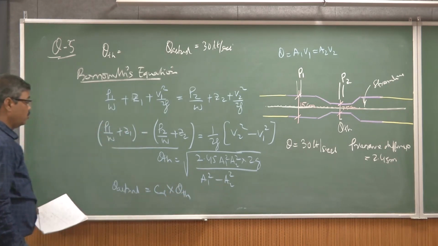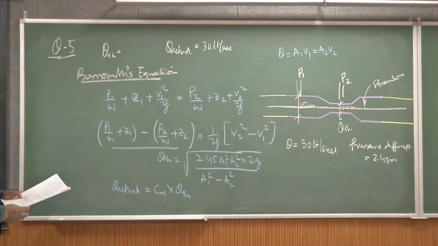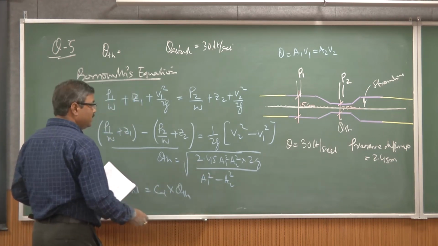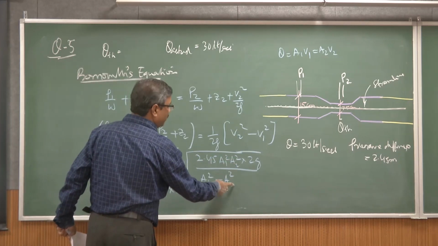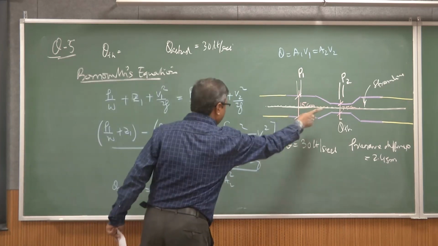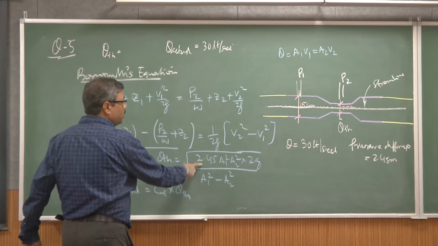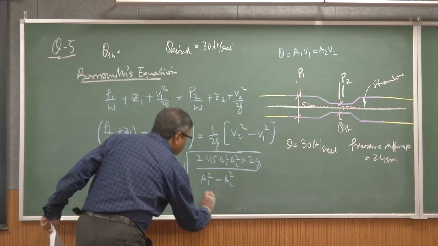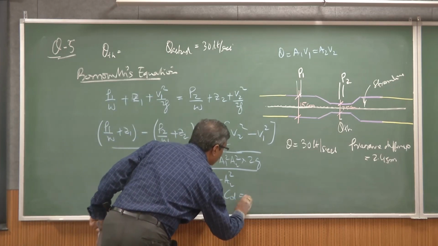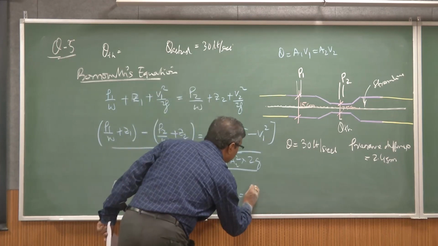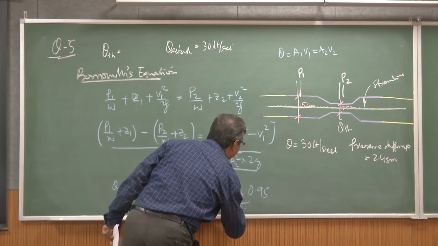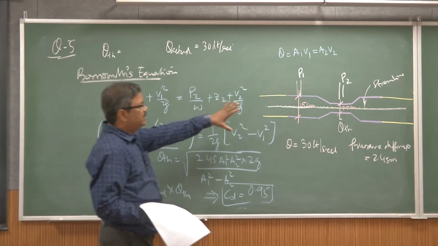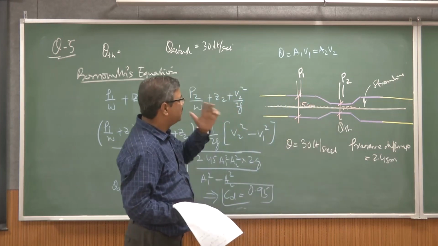As Q actual is given, CD will be Q actual divided by Q theoretical. You know A1 and A2 as the diameters are given, and 2.45 and 2g are given. So we can compute the CD value, which comes out to be 0.95 for this case.